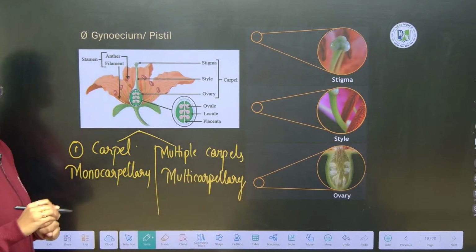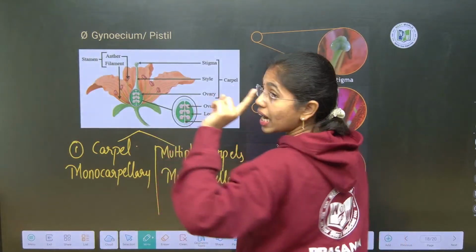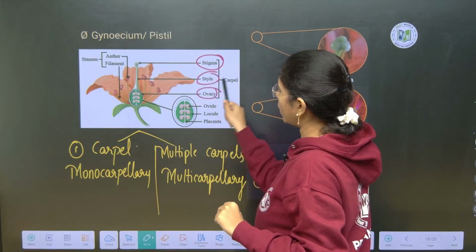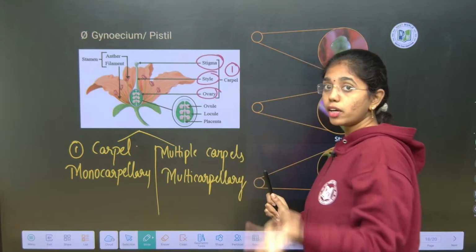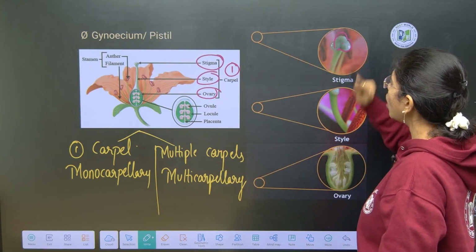Monocarpellary and multicarpellary. Here if you see, each carpel will have a single unit of stigma, style and ovary. So stigma is the receptive site which is receiving what? Pollen grains.